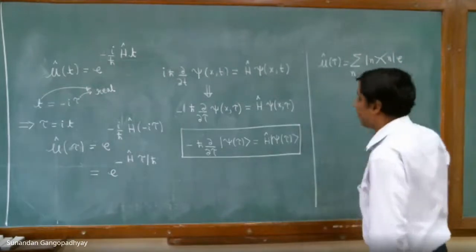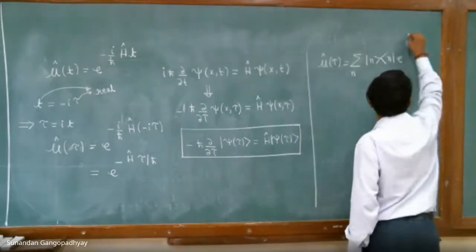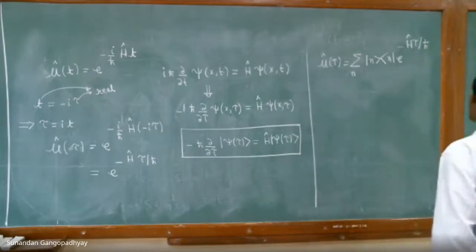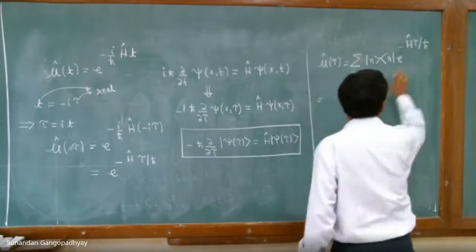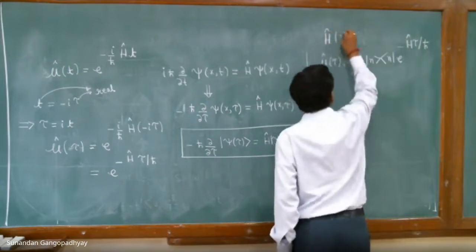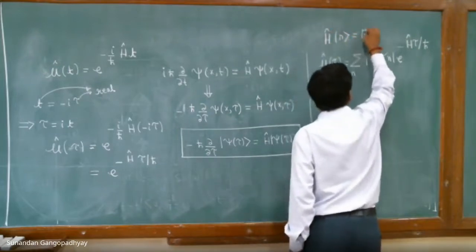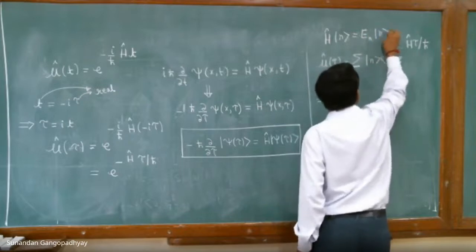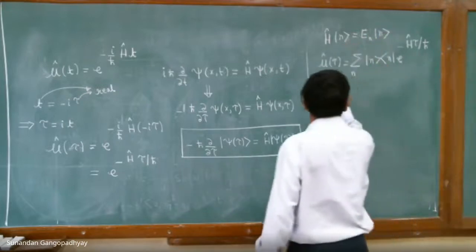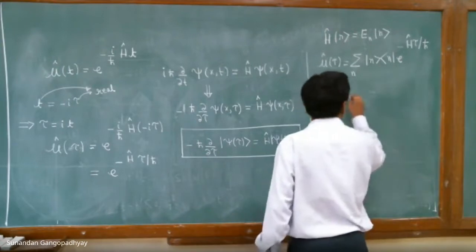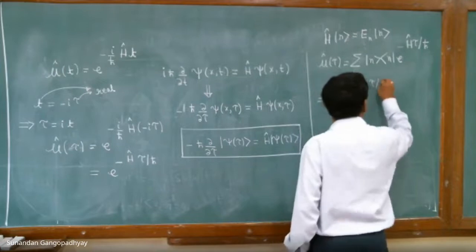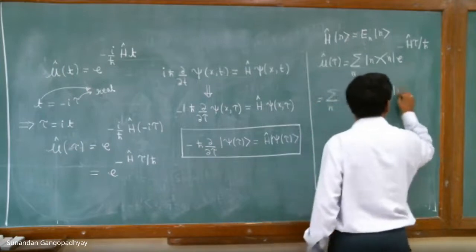This is e to the power of minus H hat tau by h bar. Therefore, that is equal to, now H hat acting on the eigenstate n is equal to En times the eigenstate n, right? Because these are energy eigenstates. Therefore, from here you will get summation over n, e to the power of minus En tau by h bar.